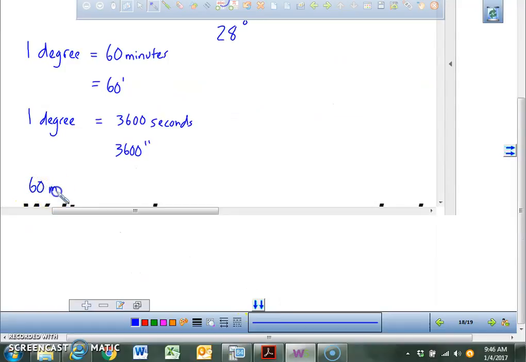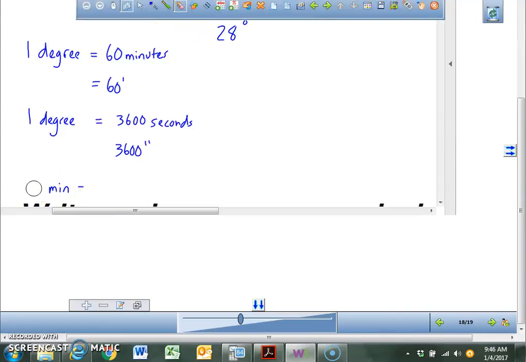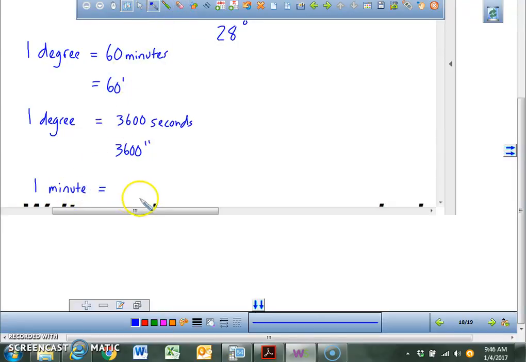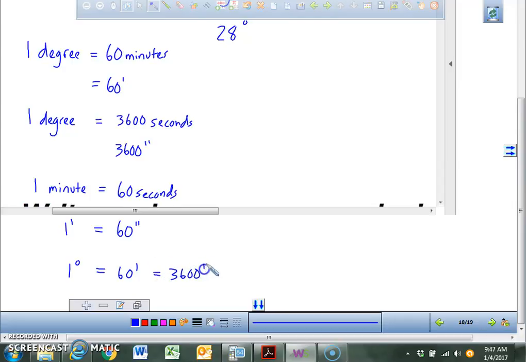And 1 minute has a total of how many seconds? 60 seconds. So you can say 1 minute equals 60 seconds. 1 degree is equal to 60 minutes, which is equal to 3,600 seconds.